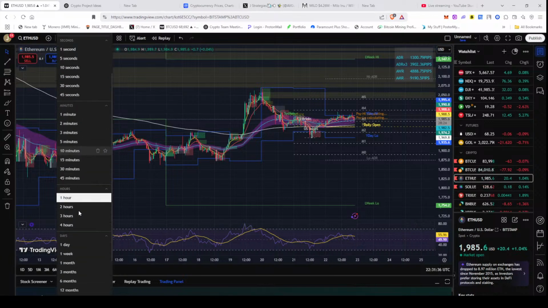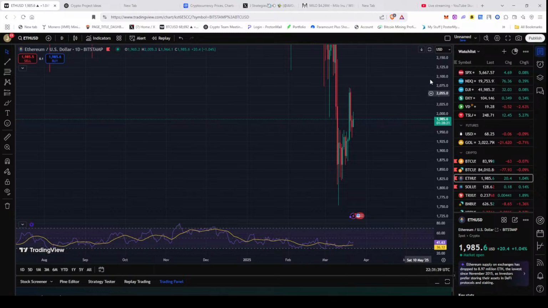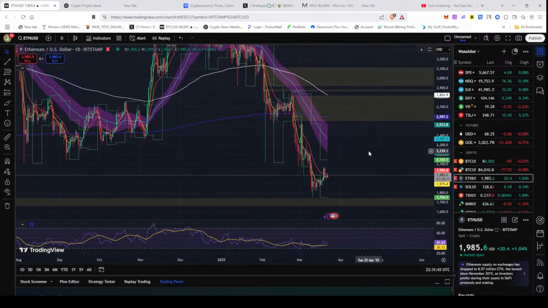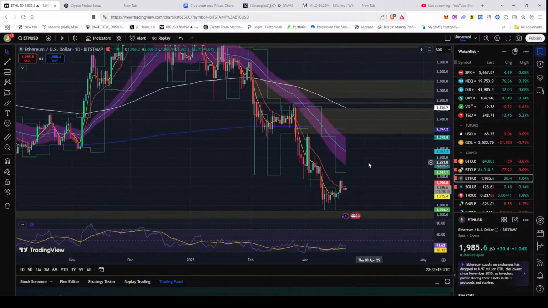Now I'm going to go to the daily on Ethereum. You can see as we hit the bottom right here, which is a liquidity point, we started seeing upside momentum. Now the 50 EMA is sitting right here.